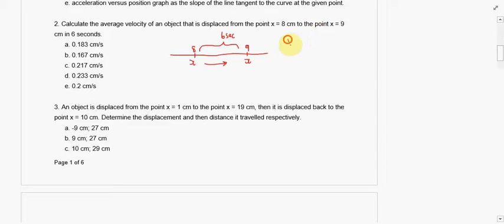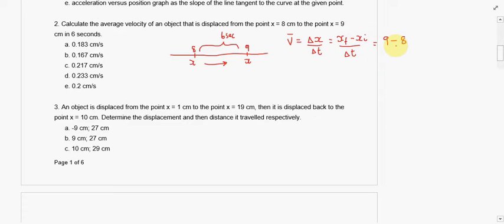So the average velocity by definition is equal to this change in the displacement over the change in time. Well, change in displacement is just the final minus the initial over the change in time. In this case the final was 9, that's where I ended up.